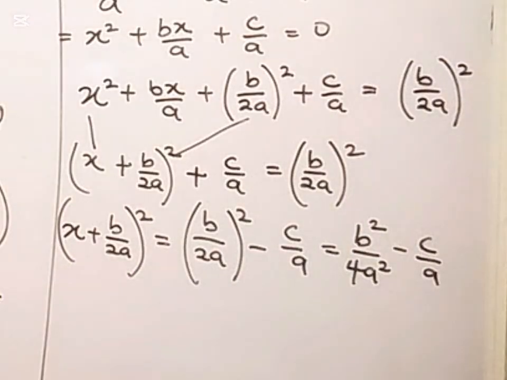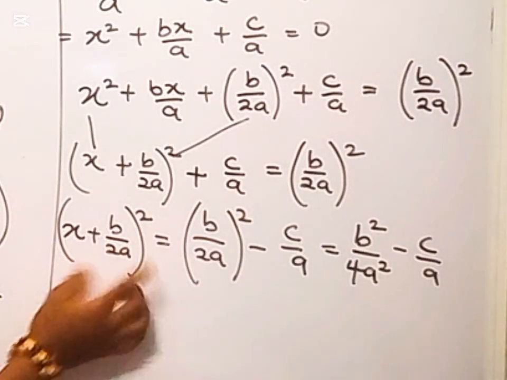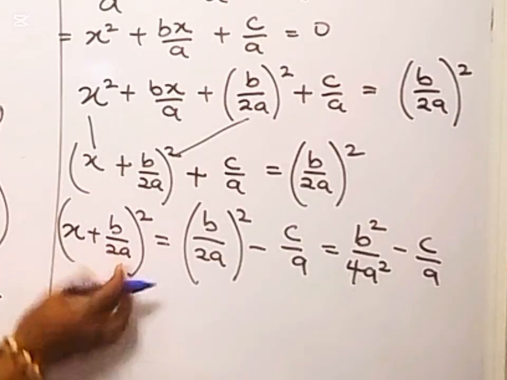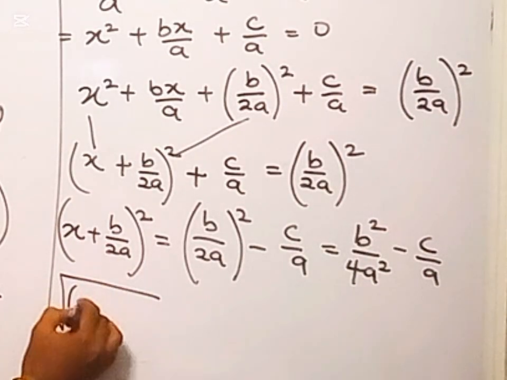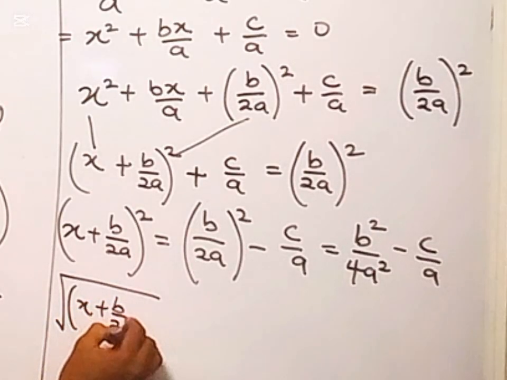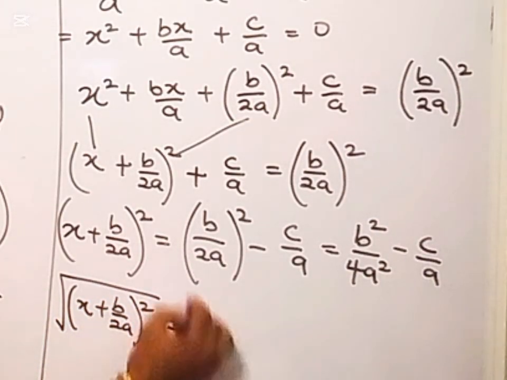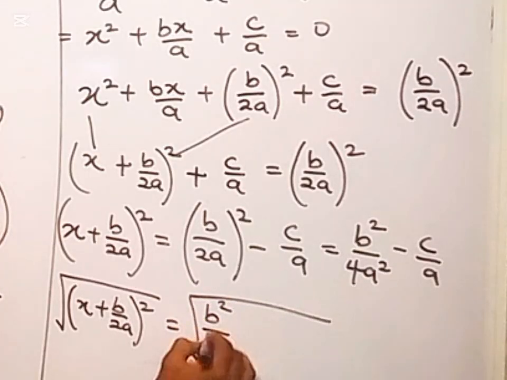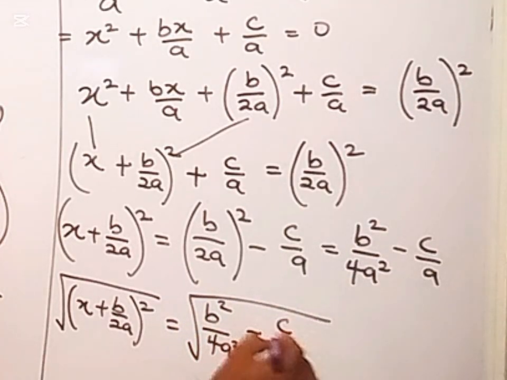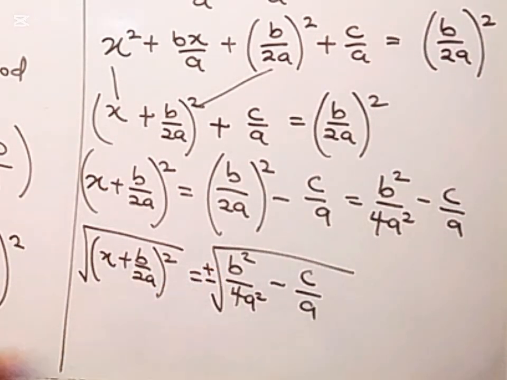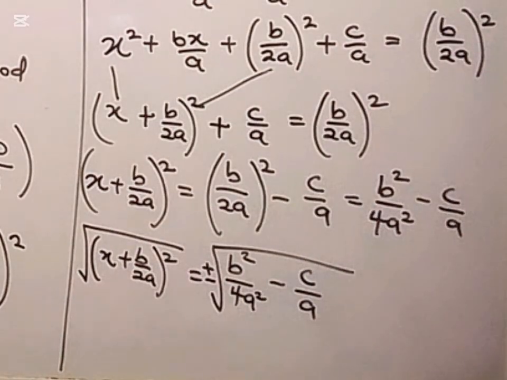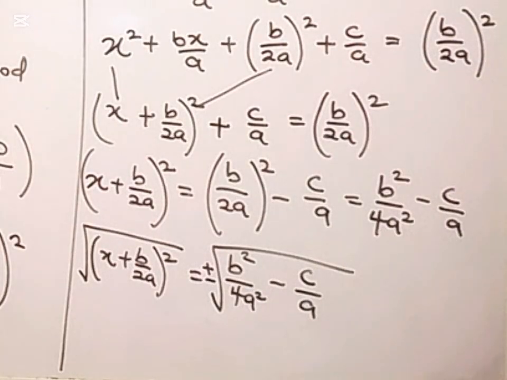So at this point, you square root both sides to get rid of this square. If you square root this side, you have x plus b over 2a equals the square root of b squared over 4a squared minus c over a. The introduction of your square root will also lead to the introduction of plus or minus, because in actual sense the square root of anything is plus and minus of that thing.